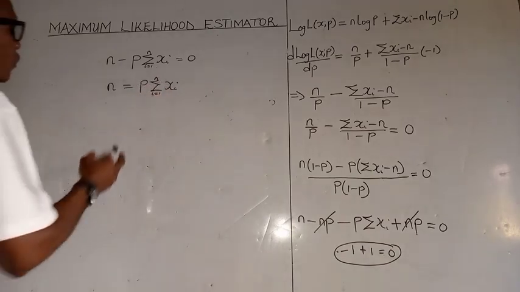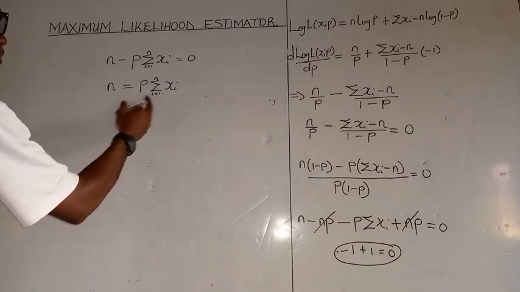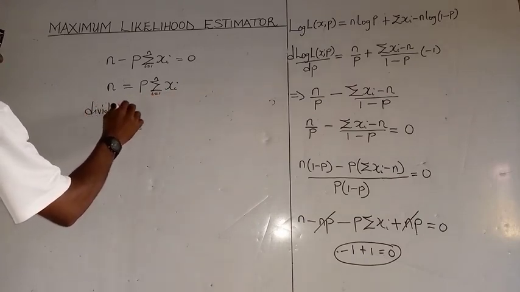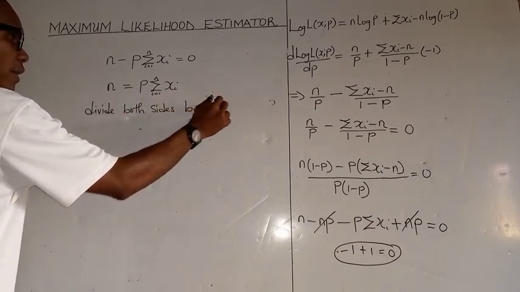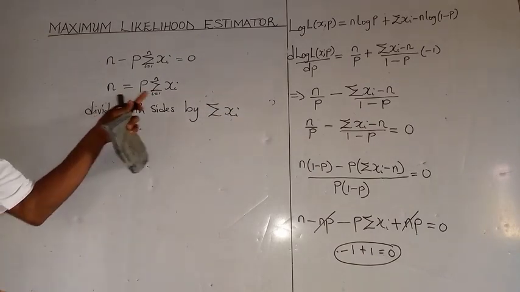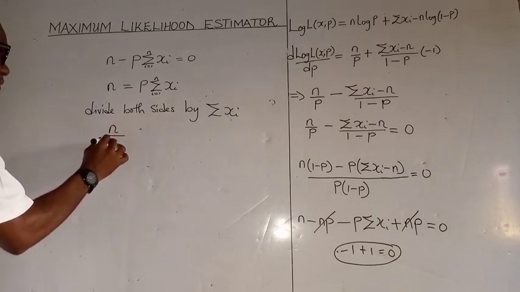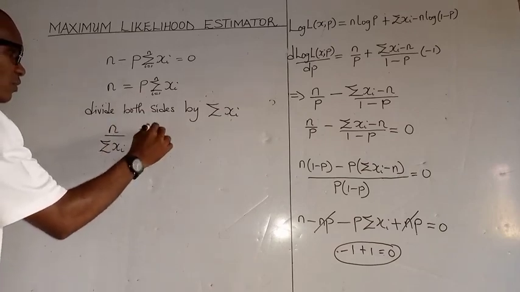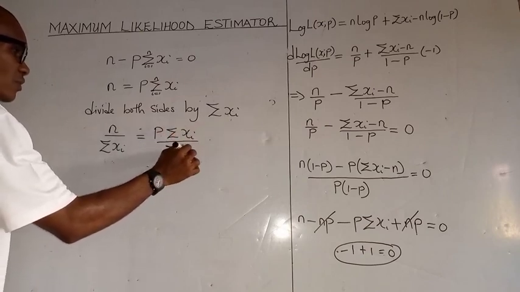So for us to get P, we divide both sides by summation of xi. If we divide both sides by summation of xi, we get n over summation of xi is equal to P summation of xi over summation of xi.